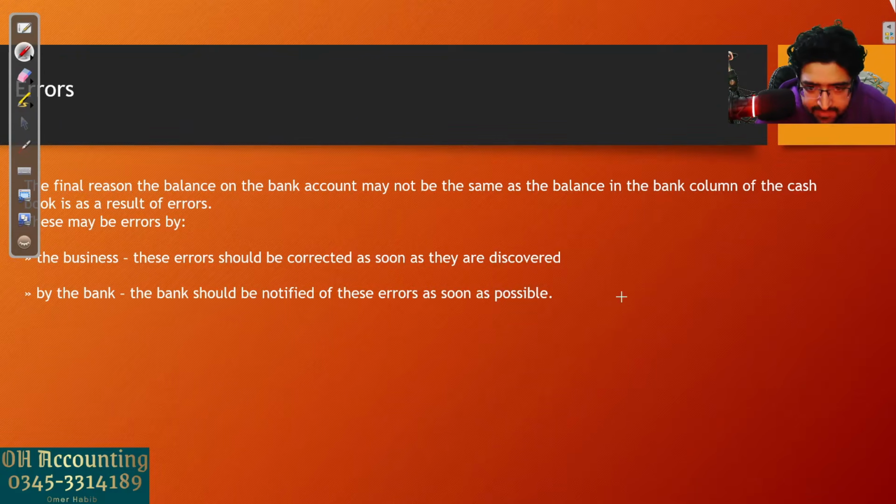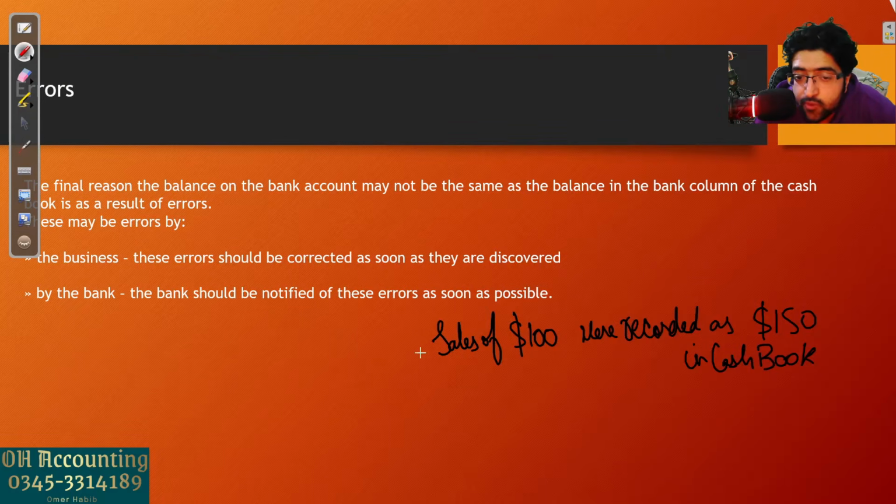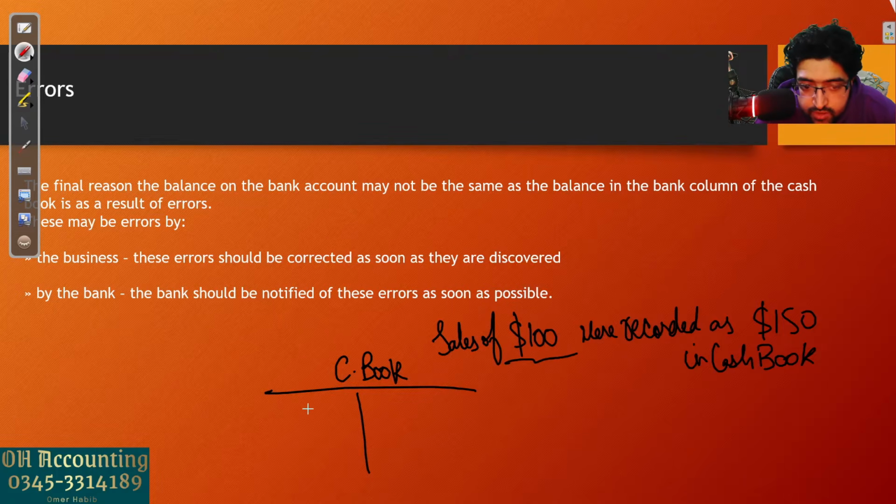For example, let's say you sold goods, sales of $100 were recorded as $150 in the cash book. So this is an error, right? What were you supposed to do? You were supposed to debit your cash book by 100 because you were receiving $100 for selling goods.